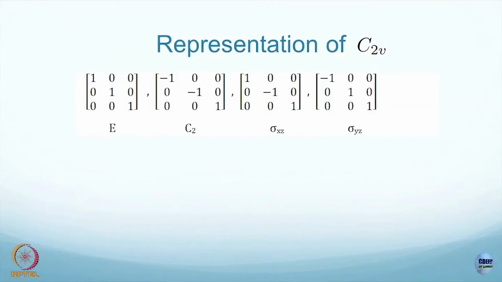Whenever you have an axis perpendicular to the principal axis, then you can show that Cn^k and Cn^(n-k) will be conjugates to each other. And similarly, even if you have a mirror plane containing the principal axis, then you can show that these are conjugates to each other.